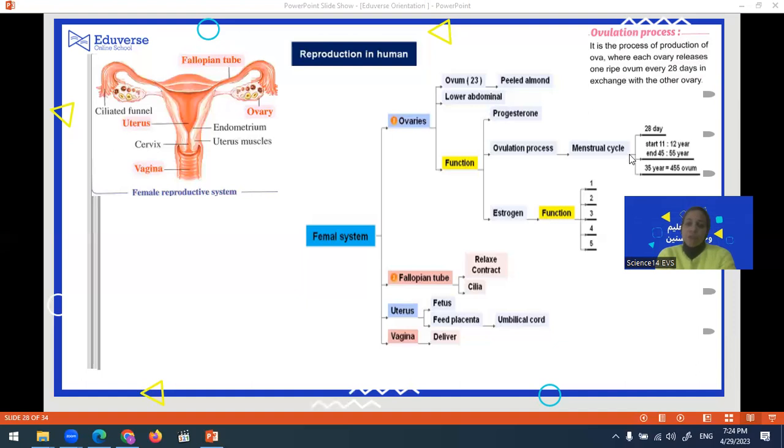This menstrual cycle starts at the age of 11 to 12 years and ends at 45 to 55 years, and here we call it the menopause phase or stage. So we will have, for example, 35 years to produce the ovum.